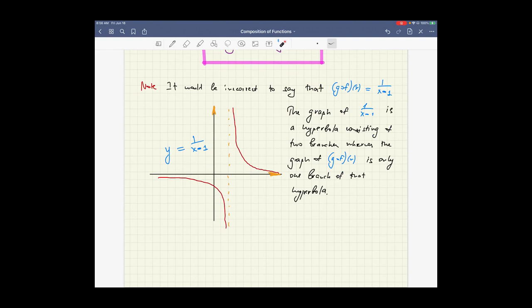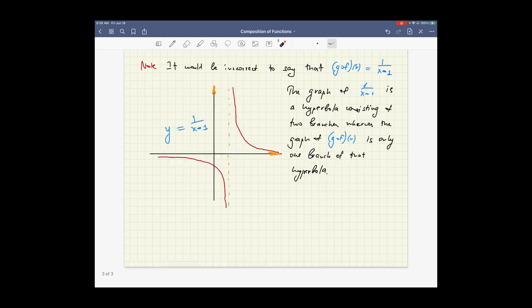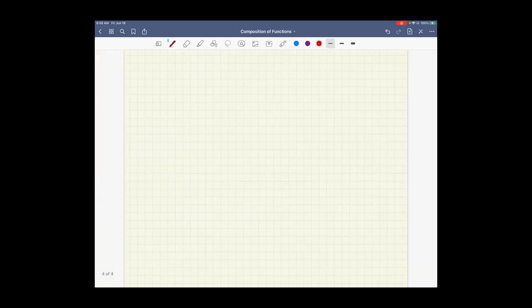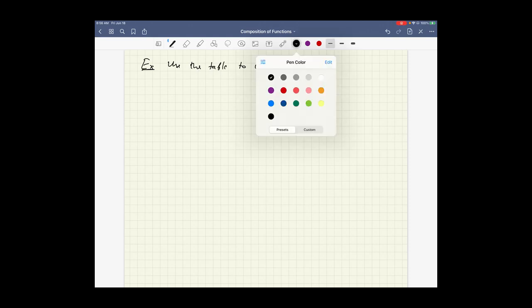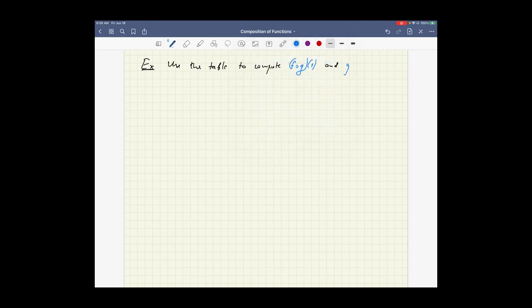All right, and maybe one more example, computing compositions of functions given by a table. So use the table to compute f composed with g of 1 and g composed with f of 4.